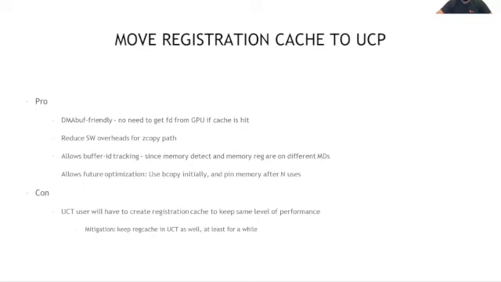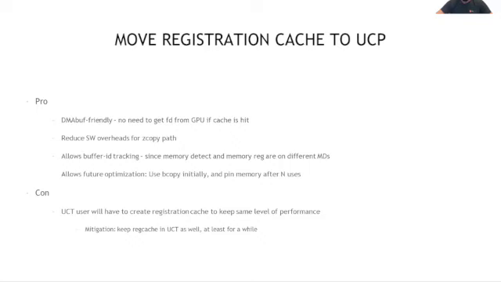So we can reduce some of the software overheads for the zero copy path, and reduce some of the data structures and loops and ifs that we have today for zero copy. Because in many applications, especially non-MPI, things like block storage or other data-driven applications, the zero copy path is very important, and we need to reduce the software overheads of it.